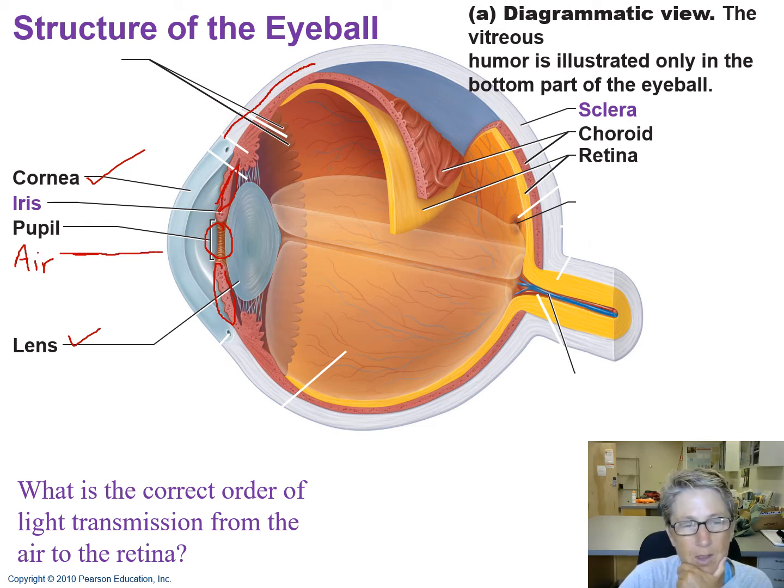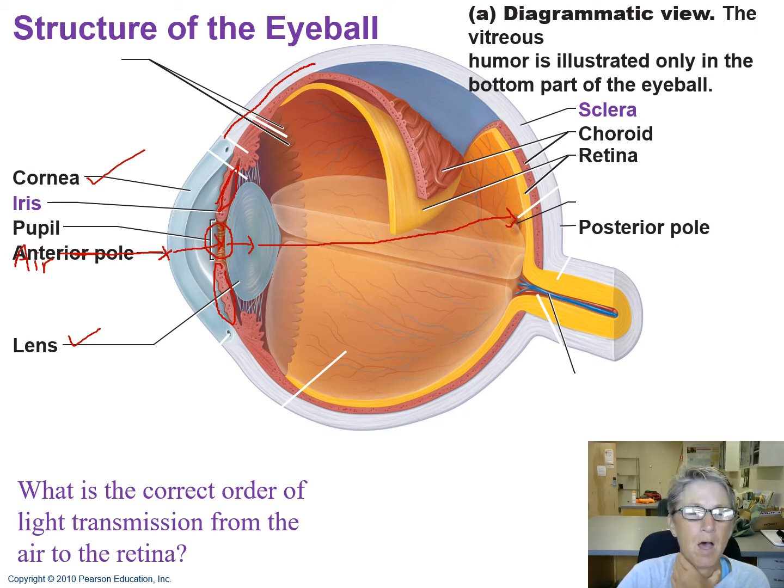The first thing they'll run into is the cornea. And then just in this cartoon, they'll go through the pupil and then they'll run into the lens. And then they'll move through this humor and they'll finally get back here to the retina.